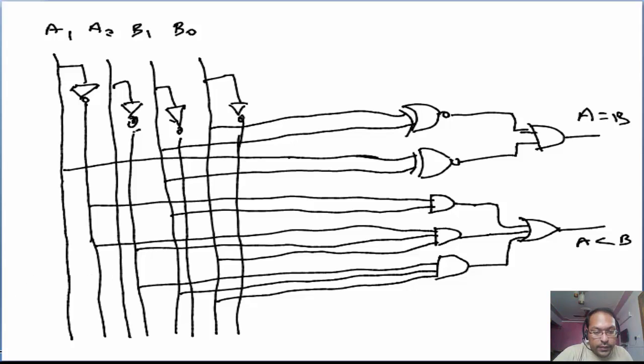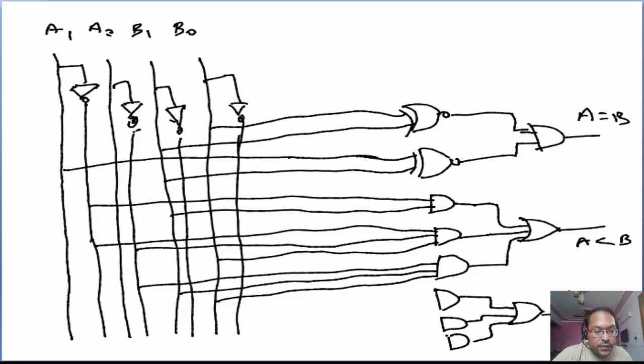And finally for A greater than B, again I'm going to use the 3 AND gates. The space is less, so these 3 AND gates are sending their outputs to the OR gate.